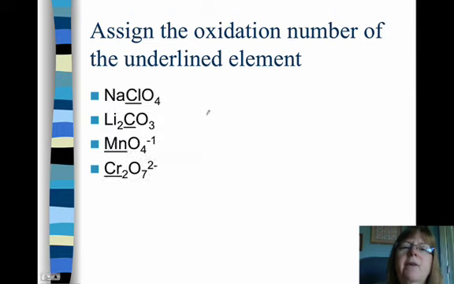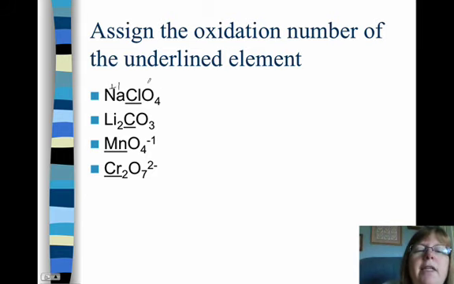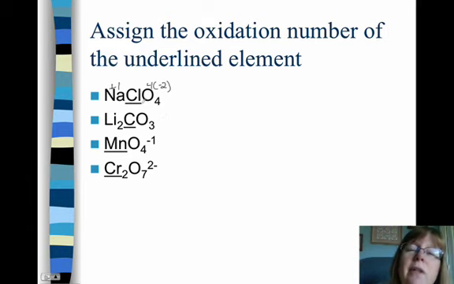All right, now let's assign the oxidation number of some things that aren't just metals. We're going to use our same set of rules. This gets a little more complicated. Okay, here we go. Sodium, always +1. Oxygen, we've got 4 of them. Each are -2. We would like to know the oxidation number on the chlorine atom.